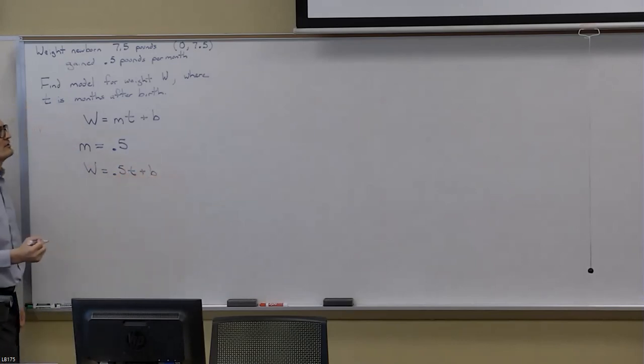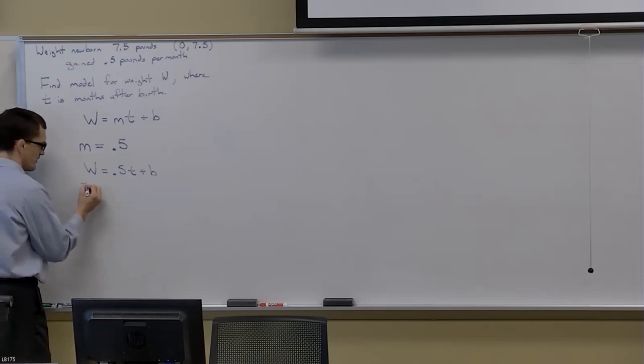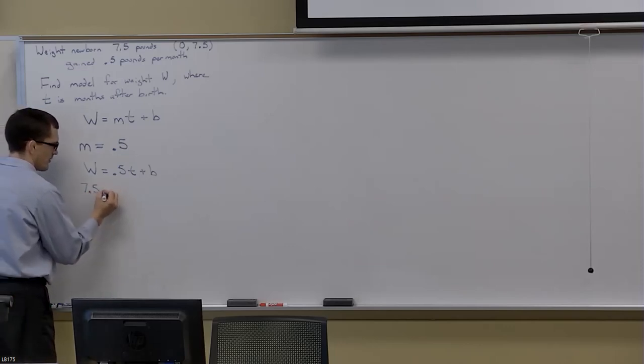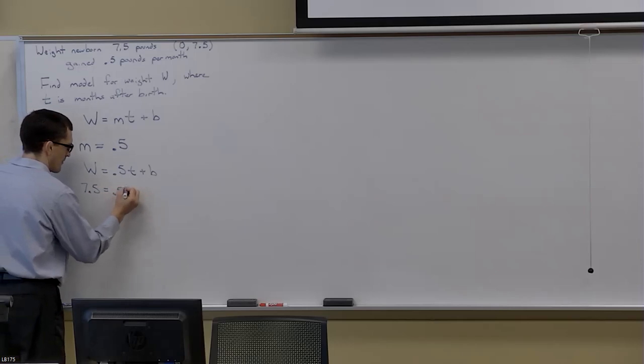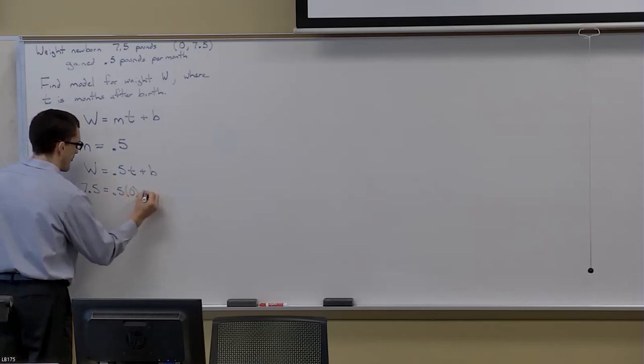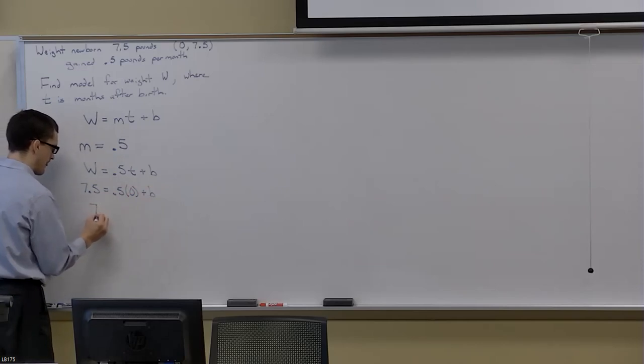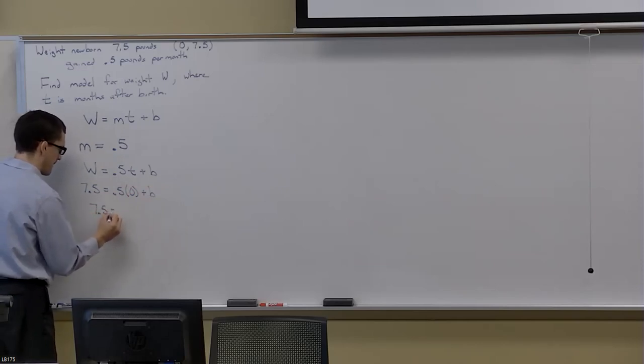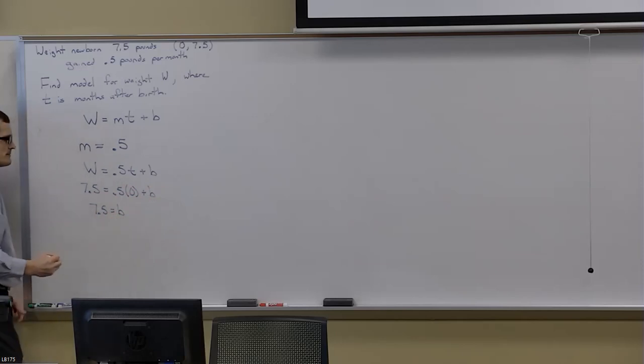Now, if you want, you can just recognize that that's the y-intercept, or in this case, the w-intercept. And so 7.5 is your b. Or if you wanted to, you can just plug it in, and you see that you get a b of 7.5.